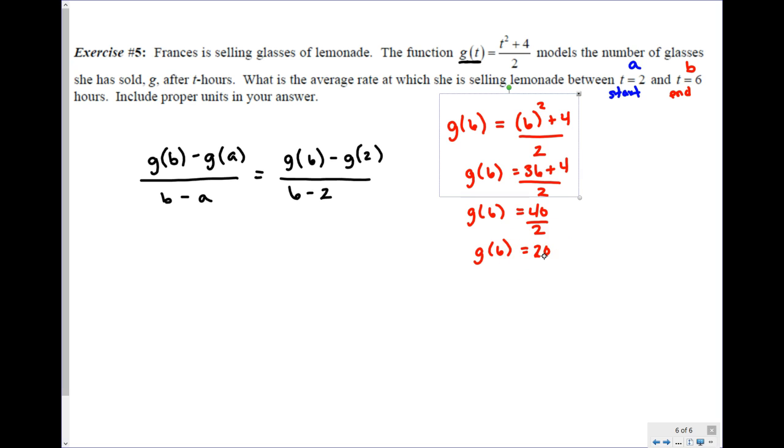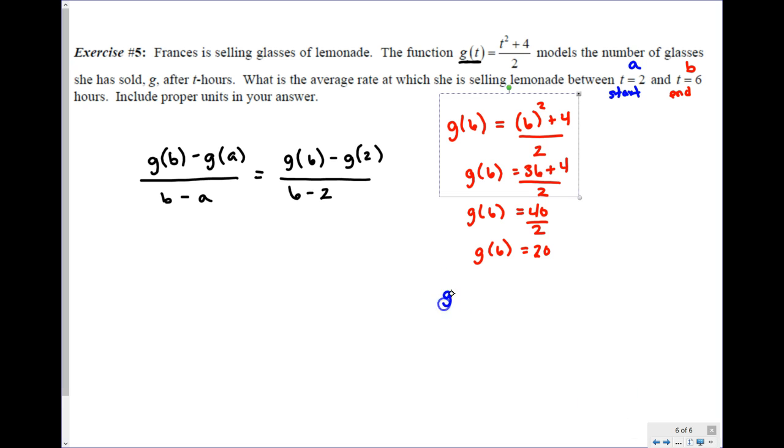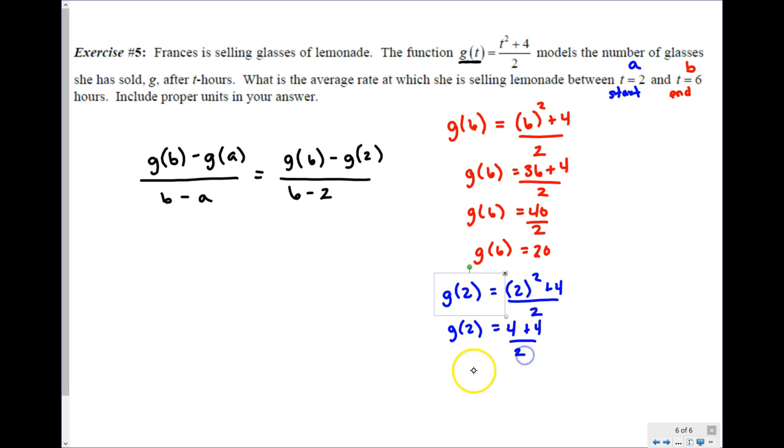So now I know g of 6 is 20. But now I have to also find g of 2 for my other one. So g of 2 is going to be 2 squared plus 4 over 2. 2 squared is 4. Carry down the rest. 4 plus 4 is 8. And 8 divided by 2 gives me 4.